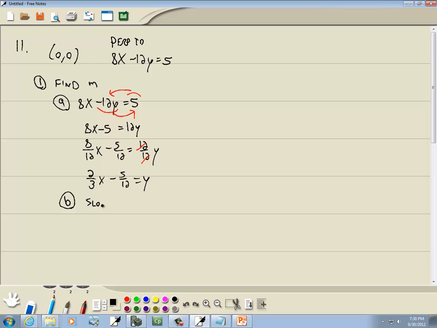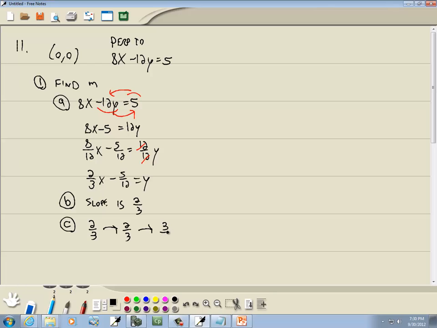Next sub-step is to identify its slope. Your slope, if it's in slope-intercept form, is whatever number is by your x, which is 2/3. Now our perpendicular lines have slopes that are negative reciprocals. So we'll start with the slope from b, which is 2/3. We're going to write it in fraction form. It's already in fraction form, so we're fine.